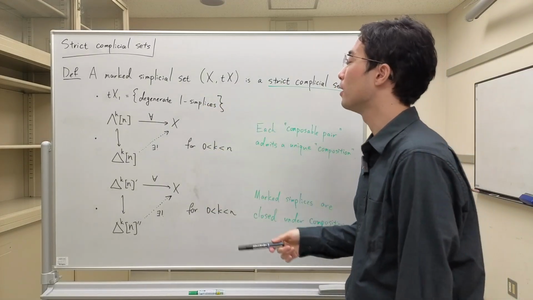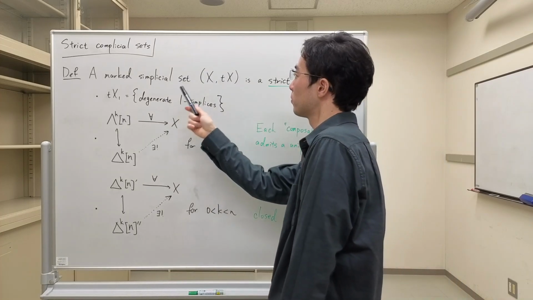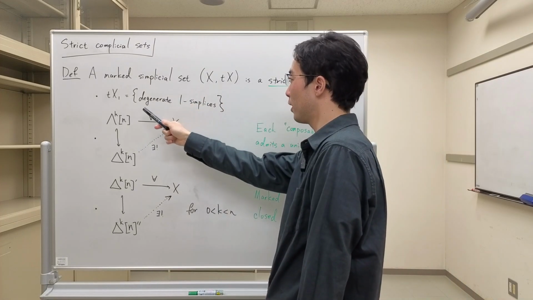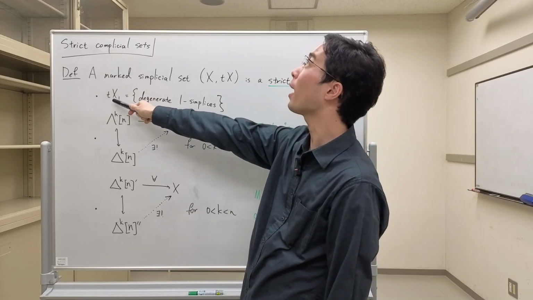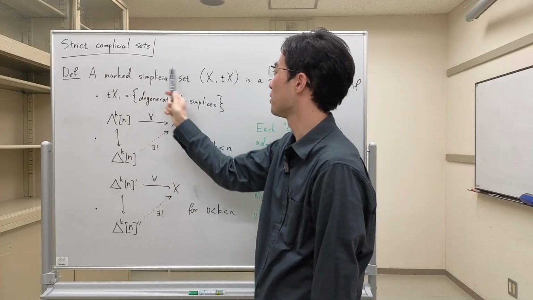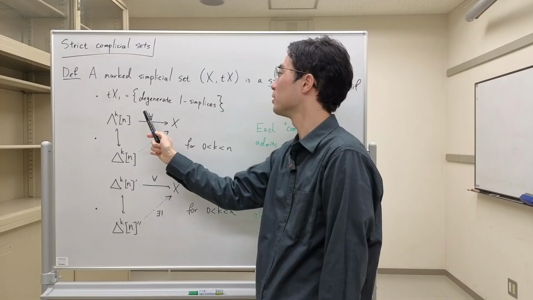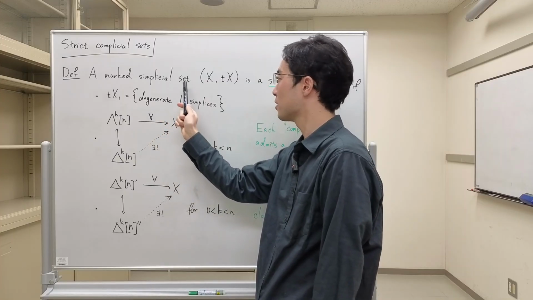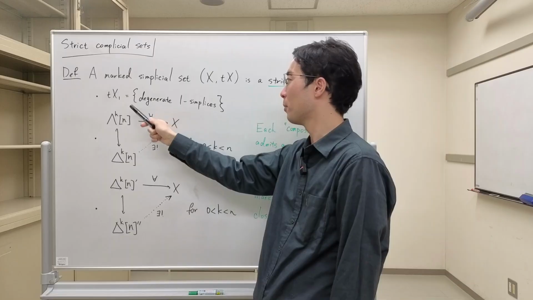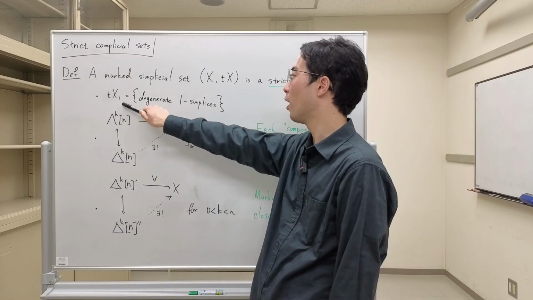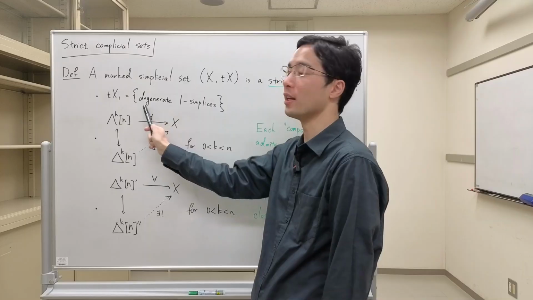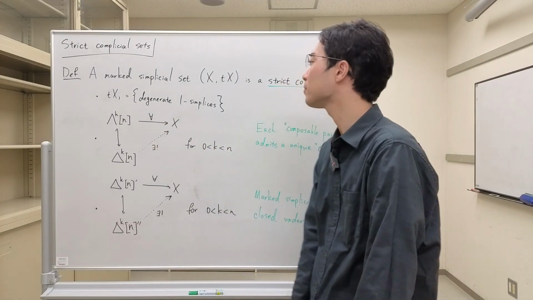The first says that, by definition, the marked simplices of a marked simplicial set contain all degenerate simplices. But what this is saying is that in dimension 1, these are the only marked simplices.